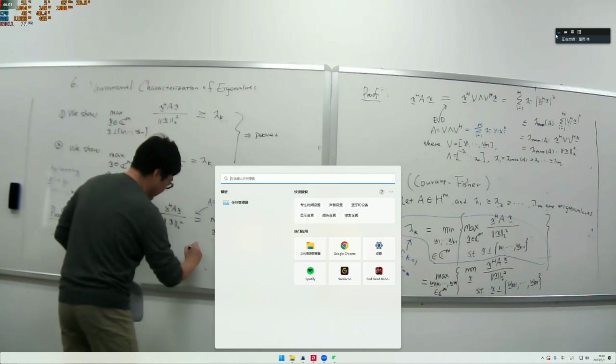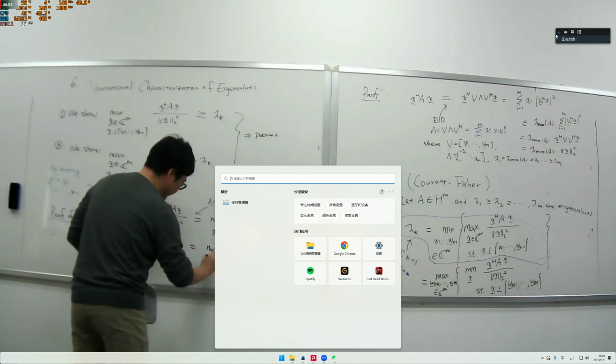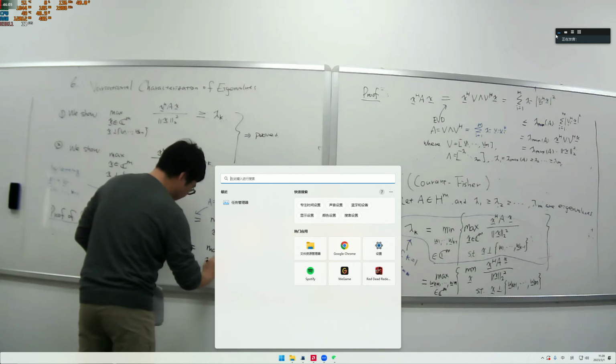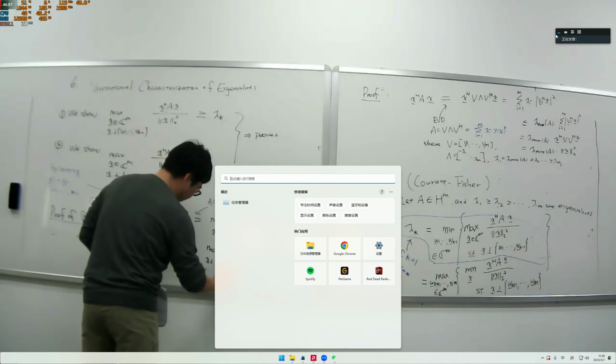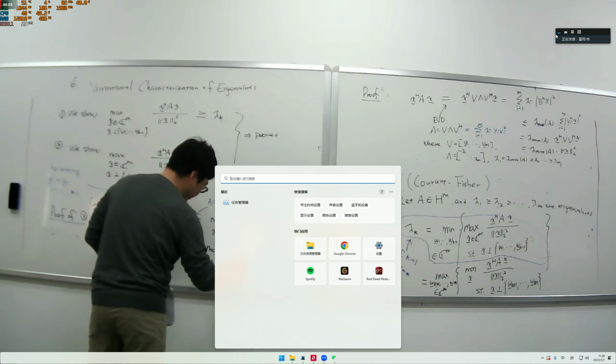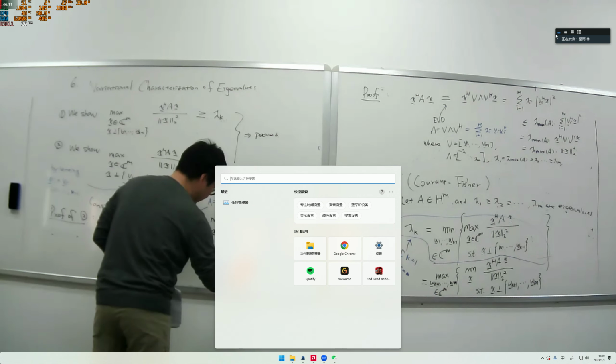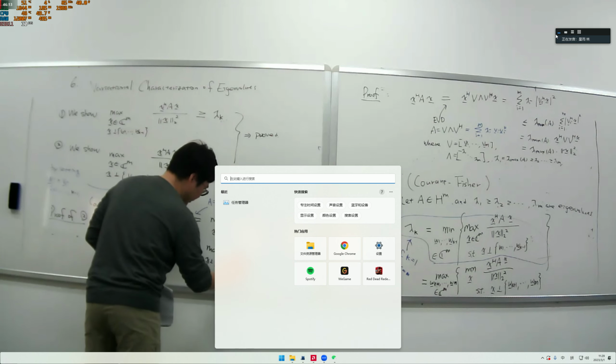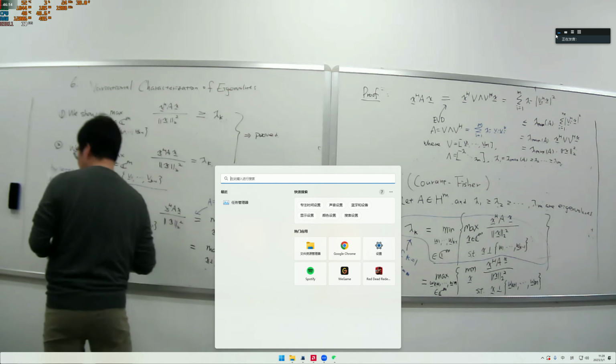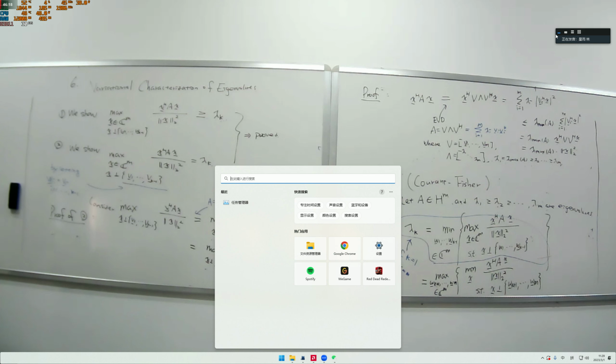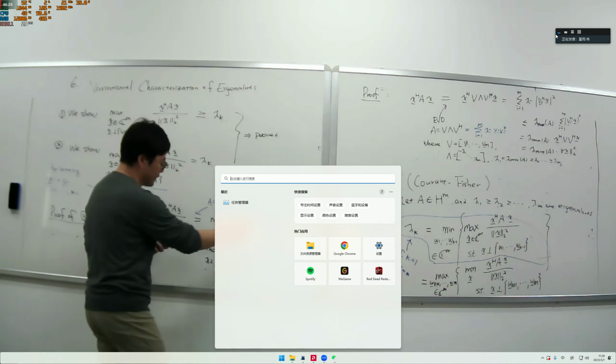So we can change the summation, because from 1 to k minus 1 this inner product will be 0.